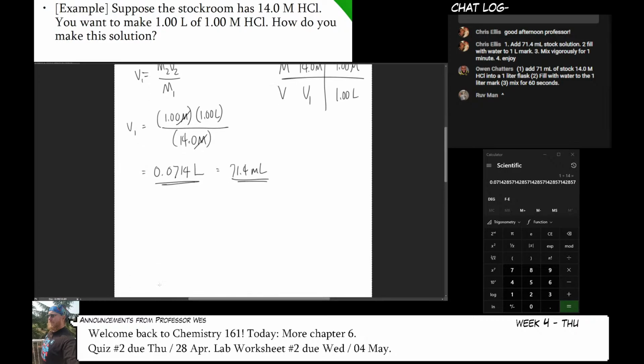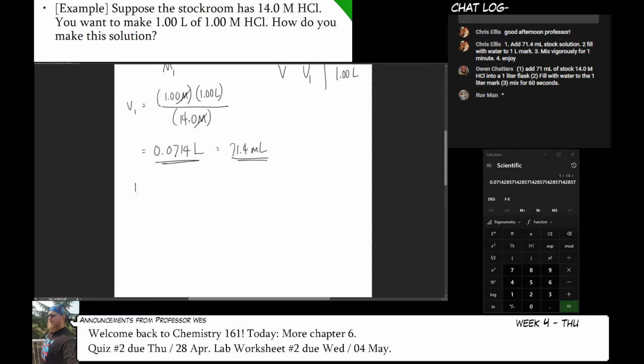So now that we've got this, we're going to take that volume, so 71.4 milliliters of our stock solution, and add that to a 1 liter flask. And then step 2, we're going to add H2O to the mark.